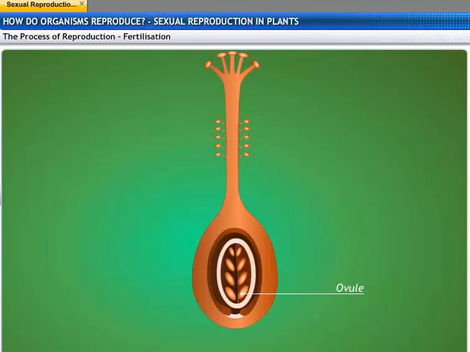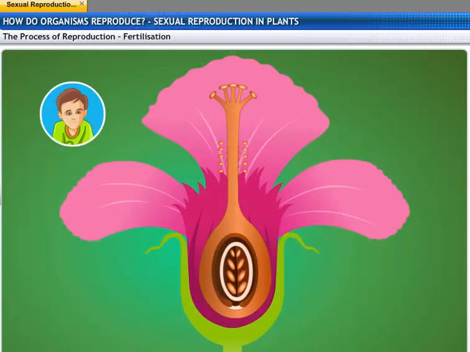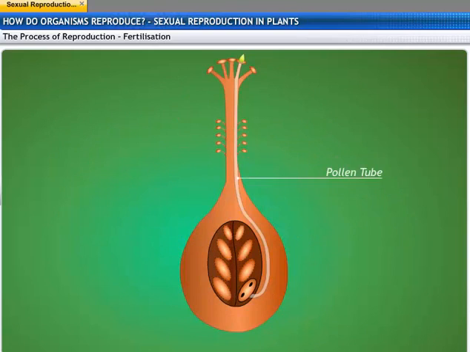The ovary contains ovules and each ovule has an egg cell. Now that the stigma of the hibiscus flower has received pollen grains, these grains have to reach the female germ cells which are in the ovary. So, do the pollen grains just fall through the style to reach the ovary? Not quite.